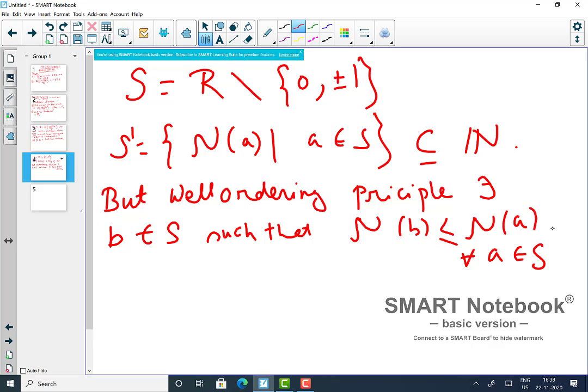Obviously this norm cannot be 0 or 1, because they are units, so these are the least possible numbers.